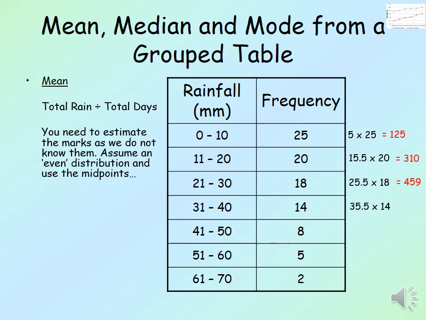The midpoint of 31 to 40 is 35.5. We multiply that by the frequency, 14. The answer is 497. The midpoint of 41 to 50 is 45.5, and we multiply that by 8 and we get 364.